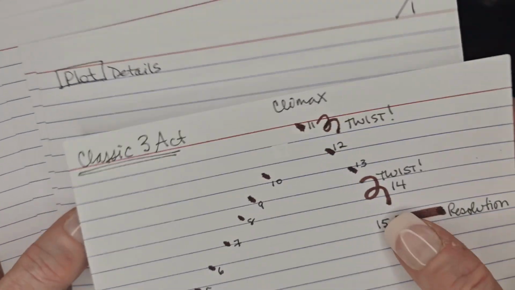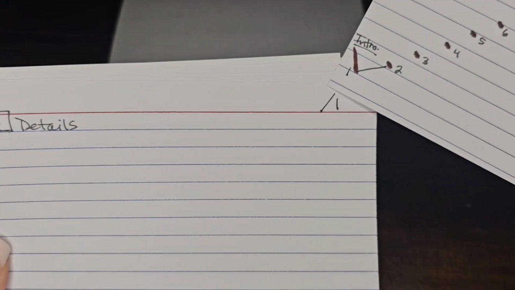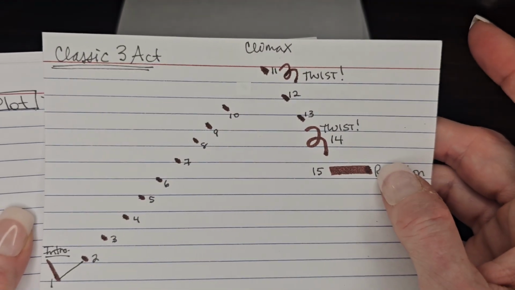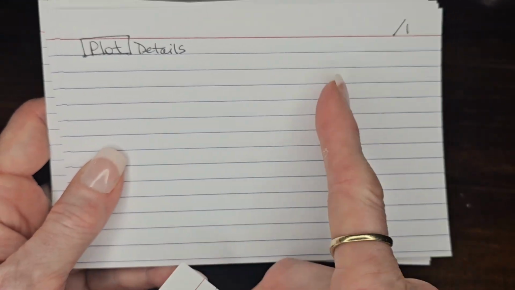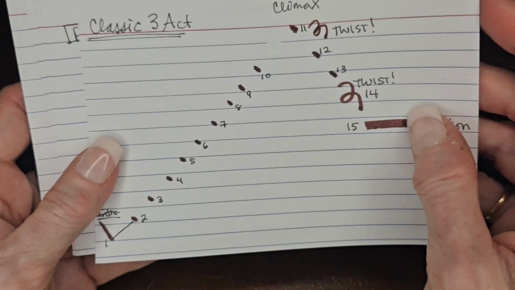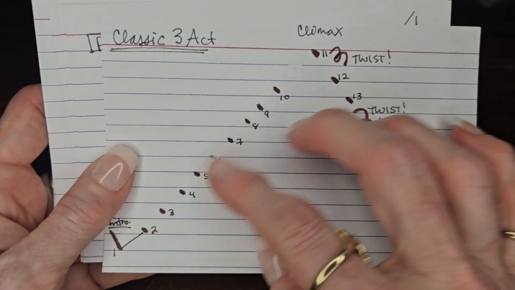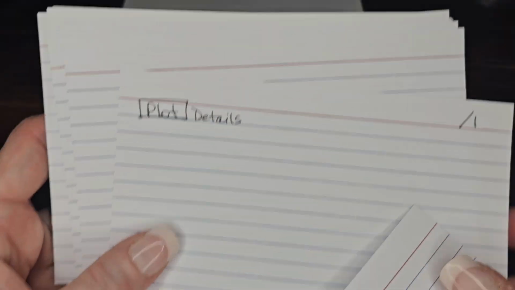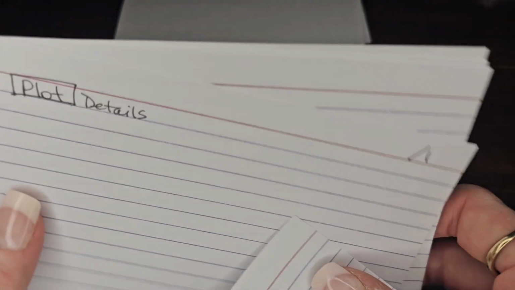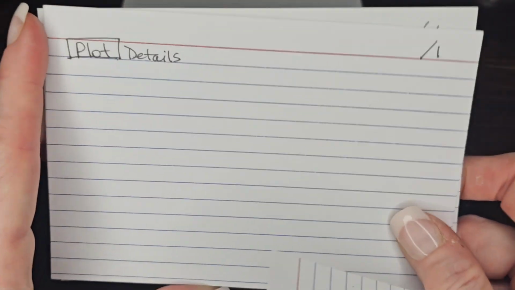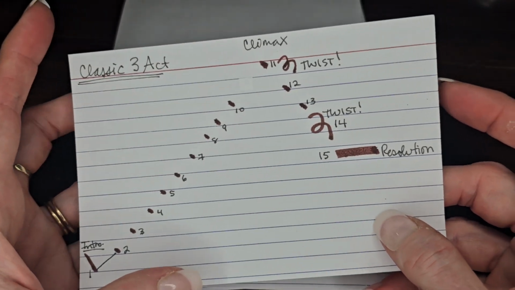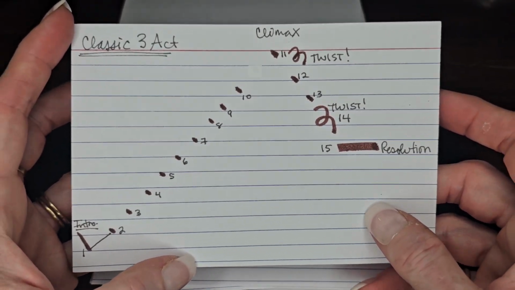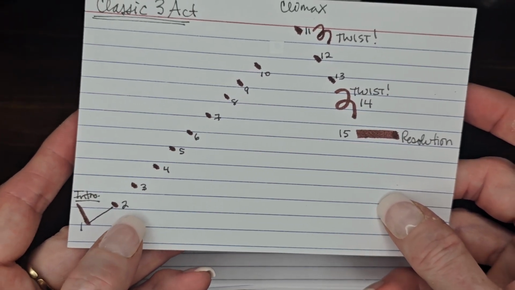So on my plot details card, which is my /1, which corresponds to my number 1 on my plot card, I'm going to write in that Dorothy and Toto live on a farm in Kansas. Okay, so see how this goes? You plot the structure out on your key map card, and then you're going to go card by card, and you're going to detail out those things. So I'm going to leave these because these are part of the instruction for later, and I'm just going to walk you through what it looks like on your plot card, on your modeling card, if you will.